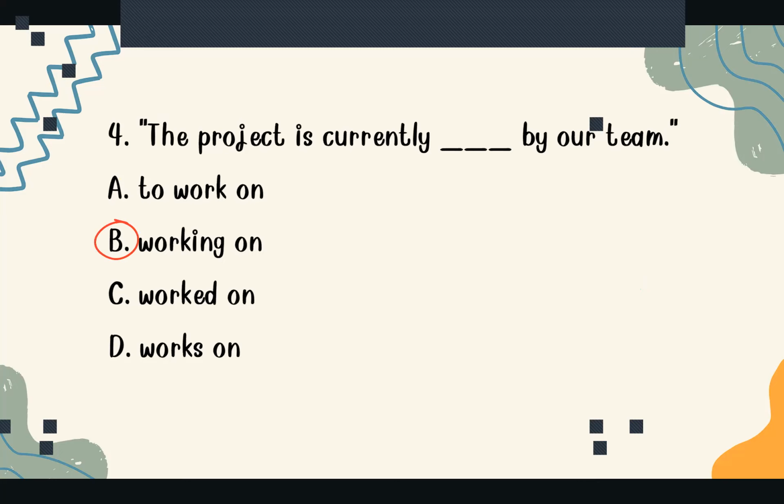The phrase is used to indicate the project is actively being worked on. So you may wonder that the infinitive is used with to before the verb, but both answers A and B are grammatically correct, and the choice between them depends on the specific context.